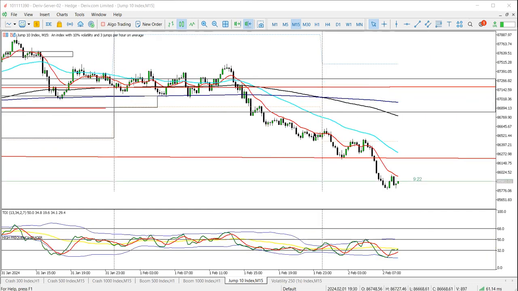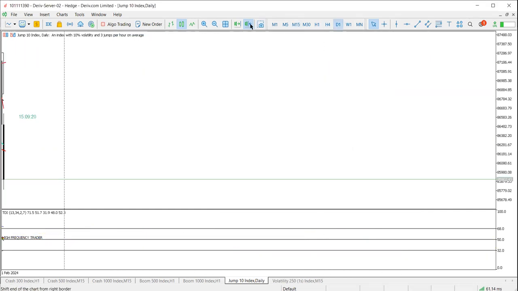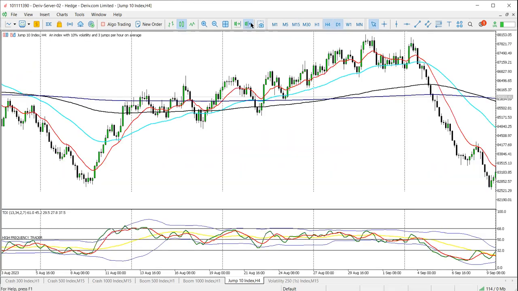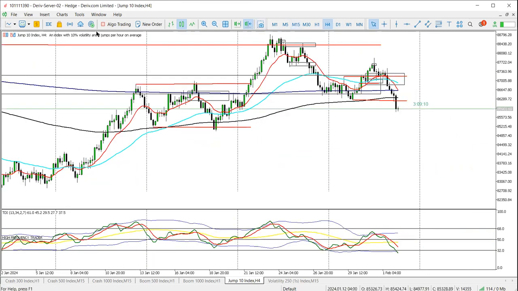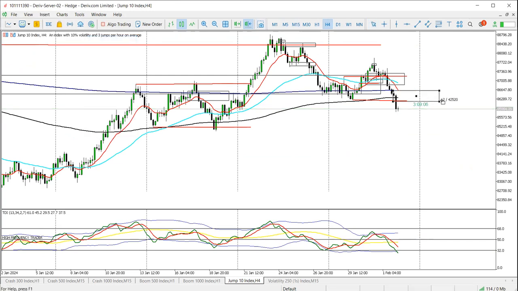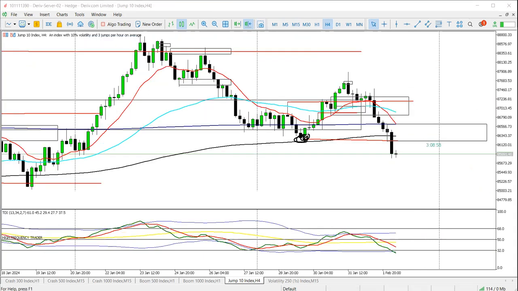Let's see today. We've been selling for a few days, and it looks like we'll continue being bearish from my point of view. So where can we potentially sell from? We're looking for supply zones. I see this one, and this supply zone is also falling on the same area as this zone which has been broken here.